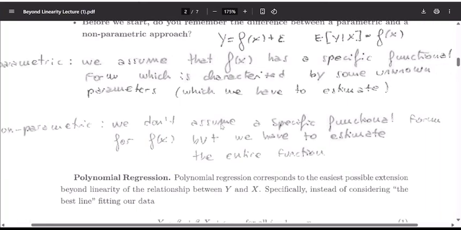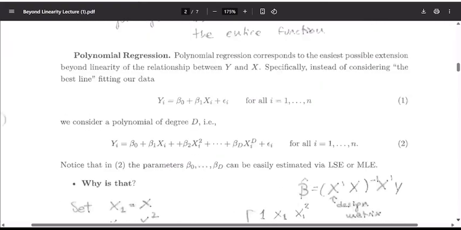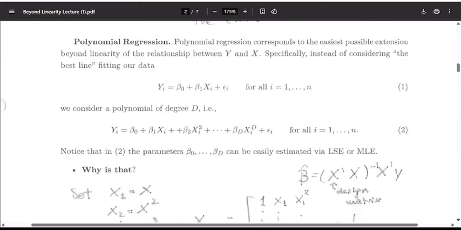We don't assume a specific functional form, but we have to estimate the entire function, and at the end of the day, we figure out which one closely matches. Now, you know where I want to start my review? I want to start from a parametric model, and the first parametric model I want to visit is polynomial regression.